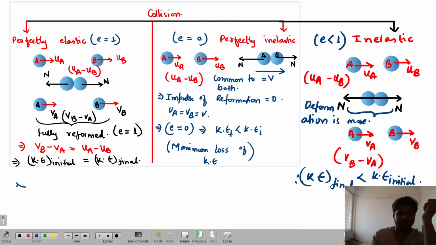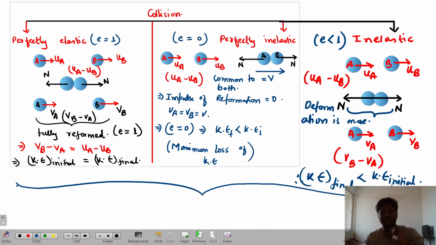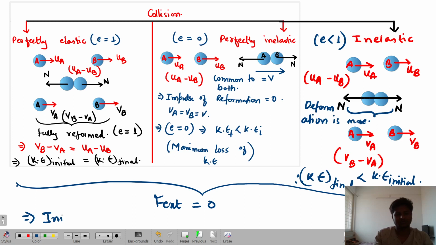So when we talk about all these collisions, we see that the external force on all of these is basically how much? Zero. So if the external force is zero, it actually means that in all of these cases, one thing is there: your initial momentum is always equal to final momentum.